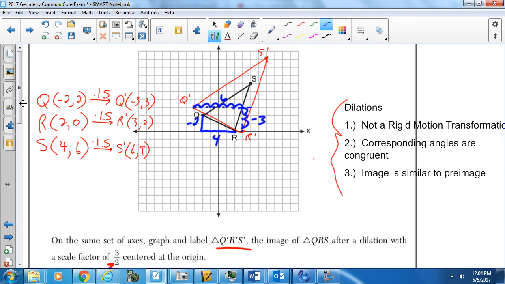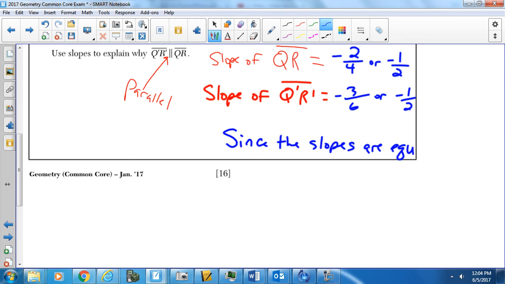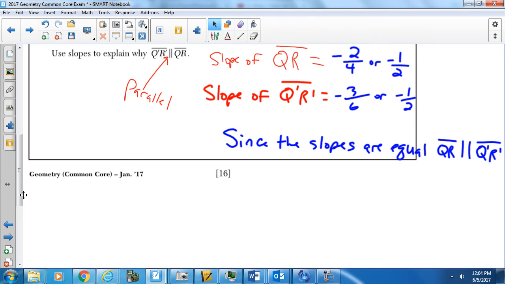So our slope is going to be negative 3 over 6, or negative 1/2. So since the slopes are equal, we can say that QR is parallel to Q prime R prime. All right?